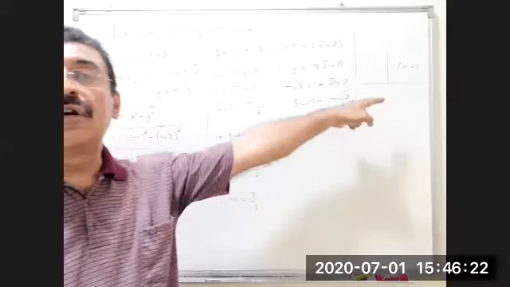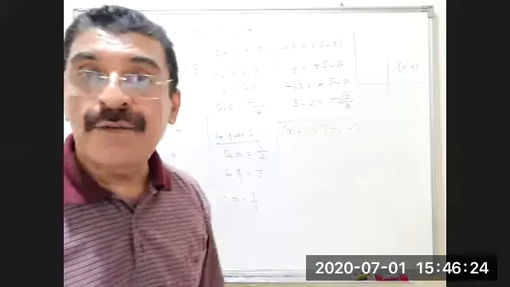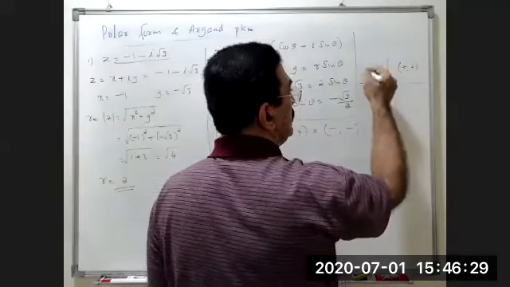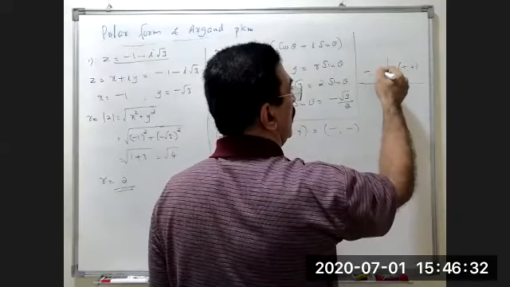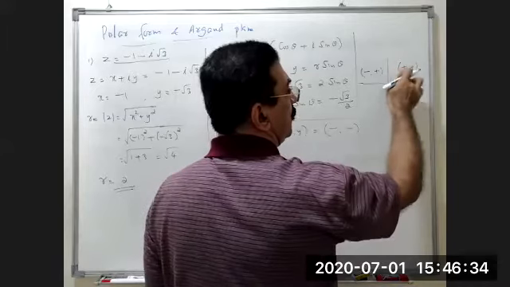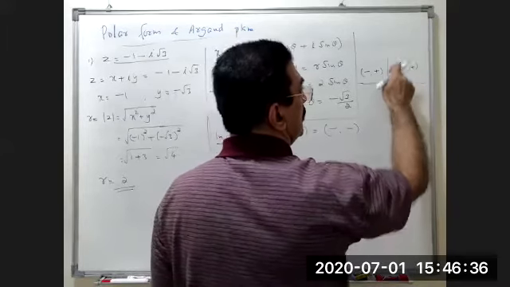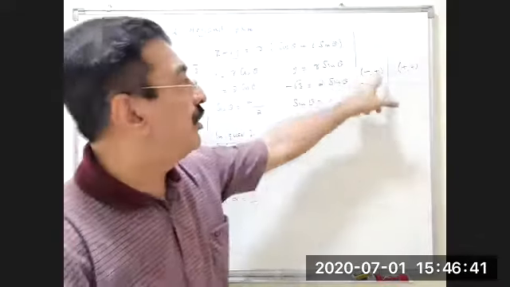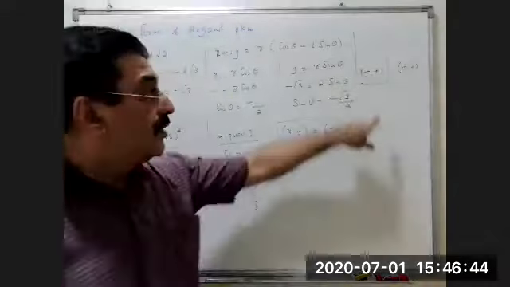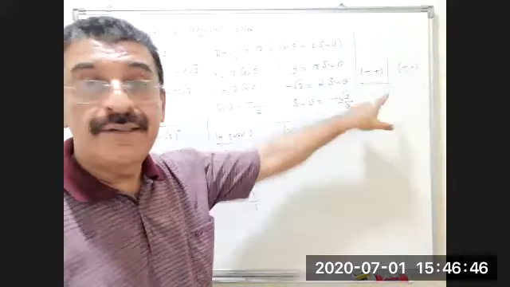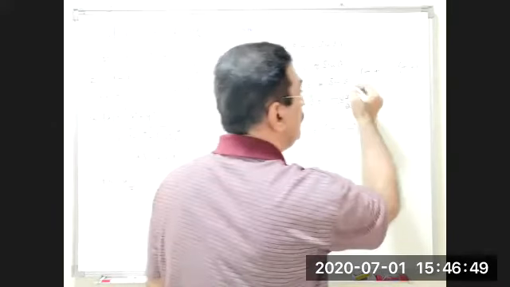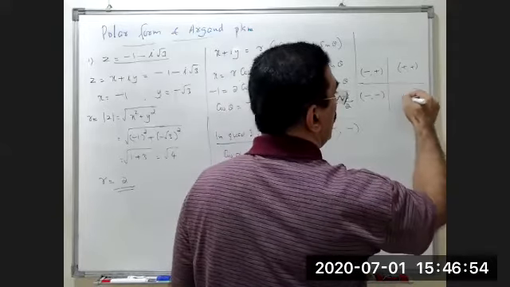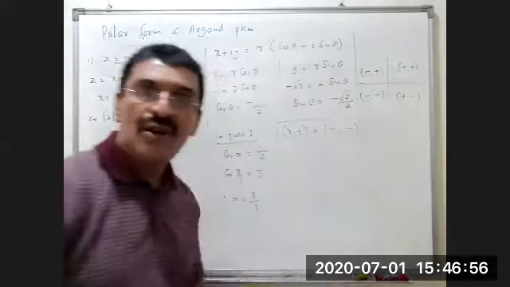In quadrant 1, both coordinates are positive. What about quadrant 2? x is negative, y is positive. Quadrant 3: negative x coordinate and negative y coordinate. Quadrant 4: positive x coordinate, negative y coordinate. This you learned in lower classes.